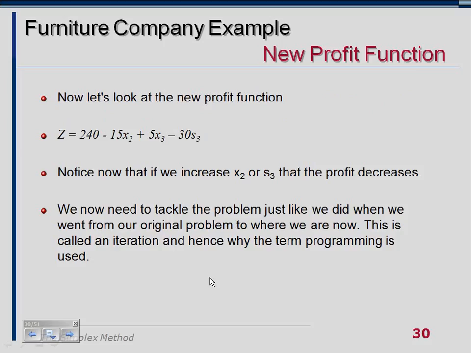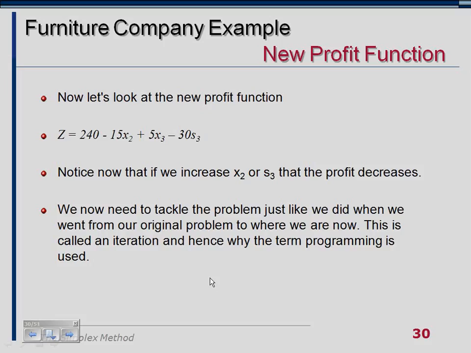If I increase X2 or S3, which I'm not interested in increasing, I'm really just interested in my decision variables, what happens to my profit? It decreases. So this tells me intuitively I don't want to increase X2. The only room for improvement is X3. If I increase X3, it's going to give me an increase of 5 units, right off the bat.